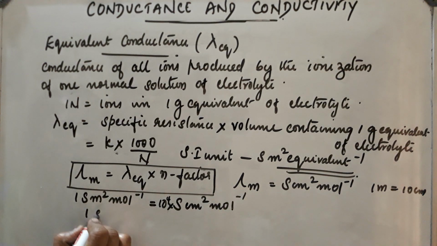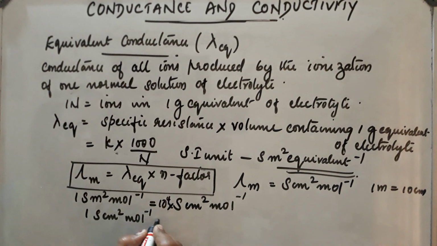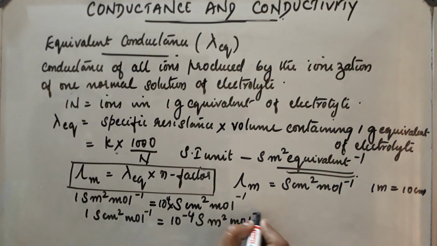So 1 S centimeter square mole inverse will be equal to 10 raised to minus 4 Siemens meter square mole inverse. Like this we can do the conversion while doing the problems. Okay, this much about equivalent conductance.